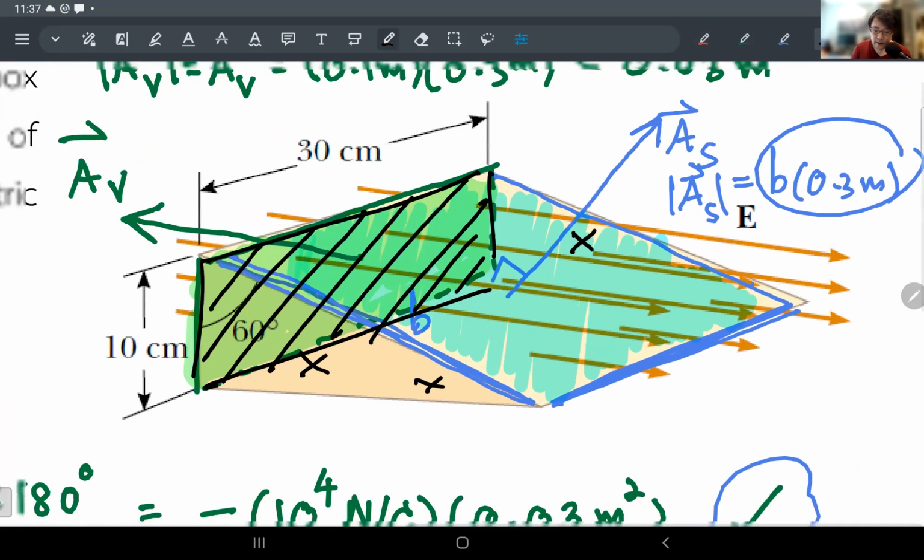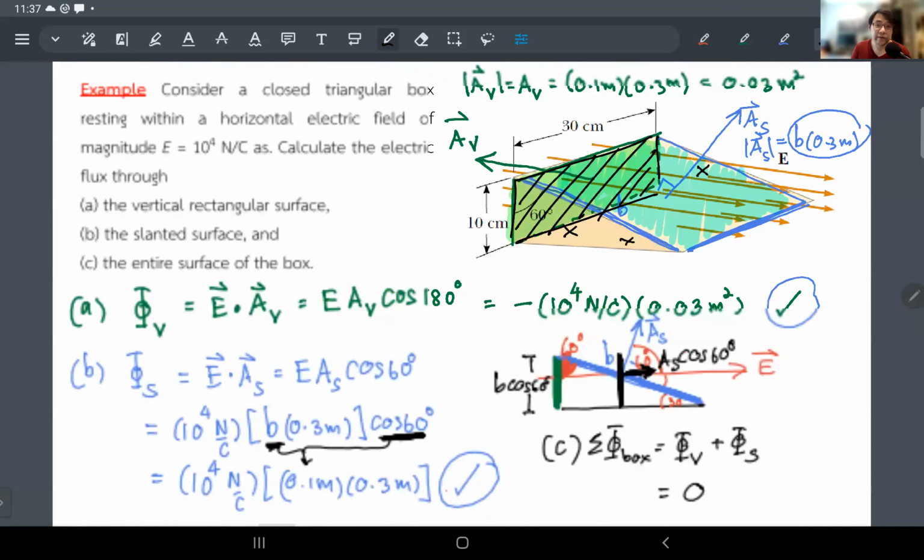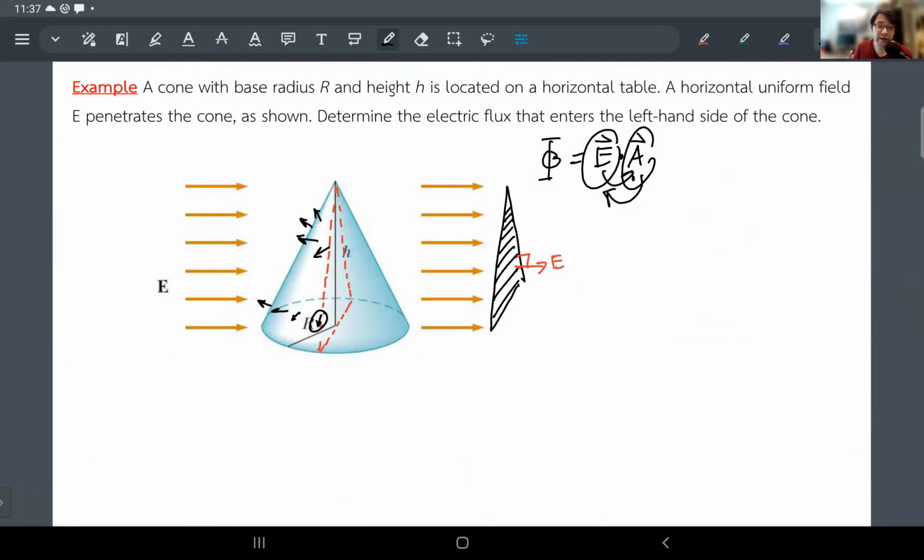So over here, you don't need to go crazy figuring out the angle between the surface of the cone and the electric field vector. All you care about is the actual surface that is perpendicular to the electric field, which is just a triangle. The base is just 2r, and the height is still the height.